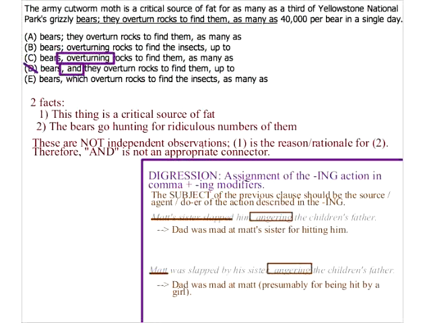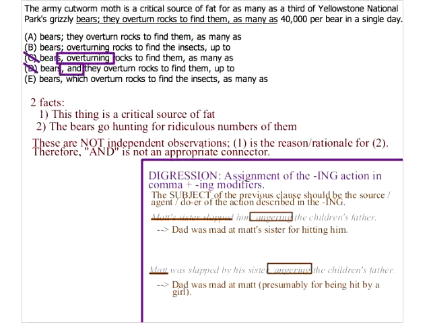So notice this also makes C incorrect, because according to choice C, who's overturning rocks? The moth is, right? Because this is kind of like Matt's sister slapped him, angering the children's father, so the subject is the moth.